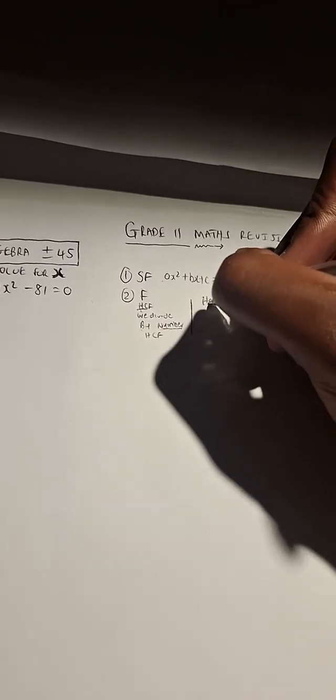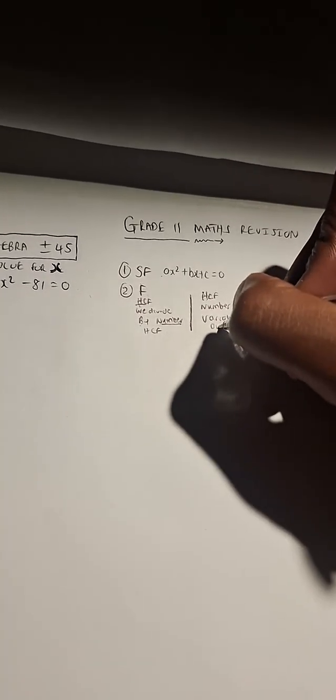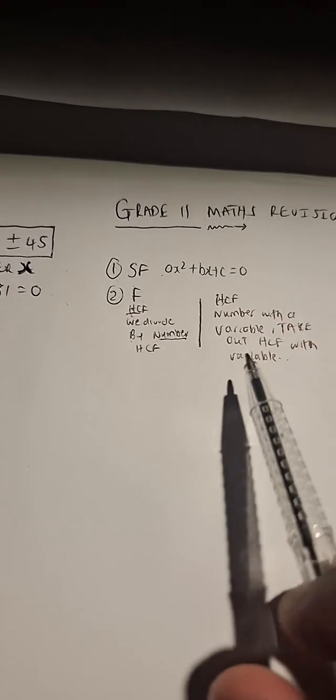But if it's a highest common factor and it's a number with a variable, then we would take out the highest common factor with its variable. Okay, so those are two important things that we need to note.